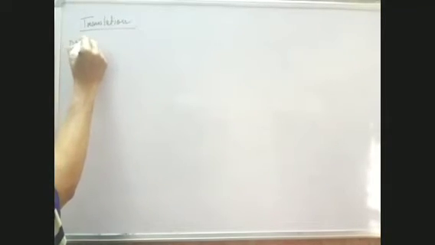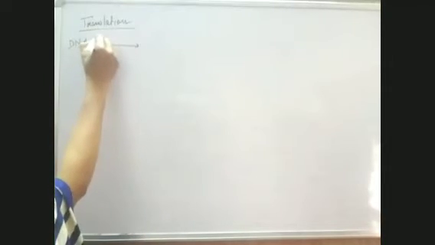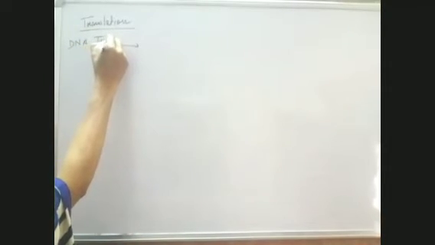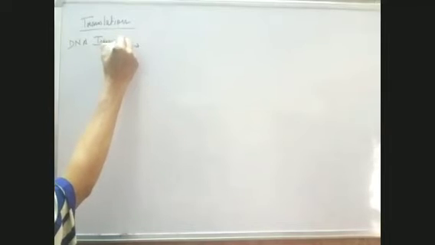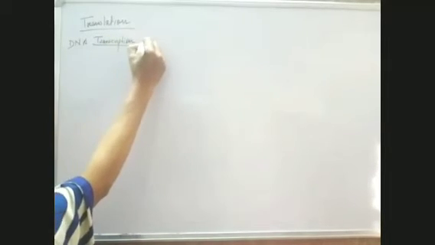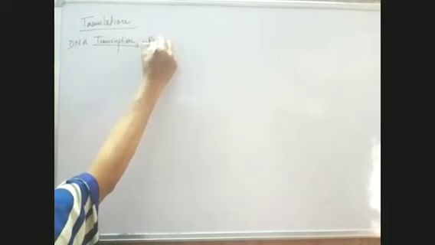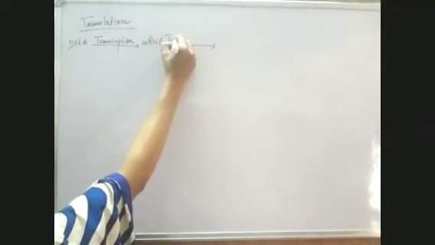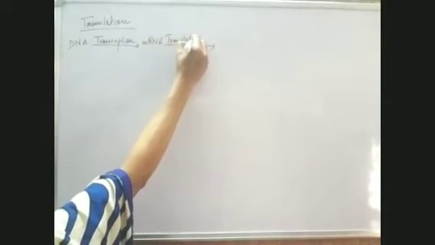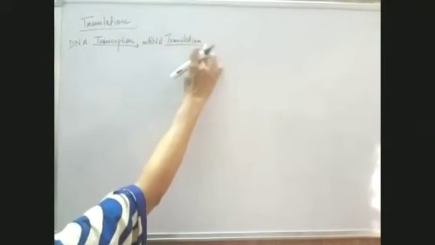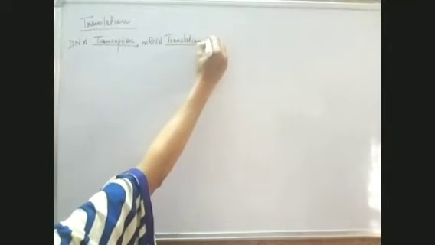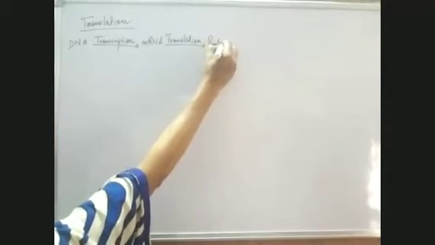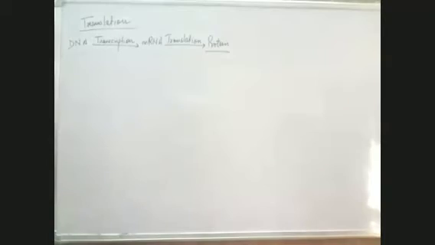The central dogma is: DNA undergoes the process of transcription, as a result of which messenger RNA is formed. This messenger RNA undergoes the process of translation, and as a result of translation, protein is synthesized. So protein synthesis takes place. Finally, this is the central dogma.